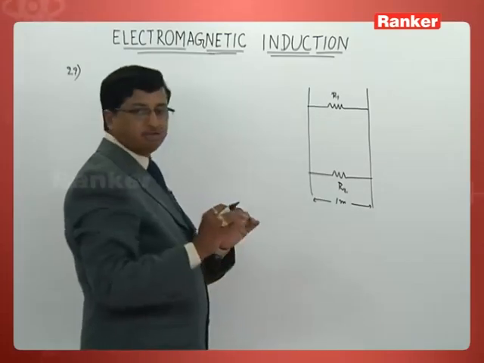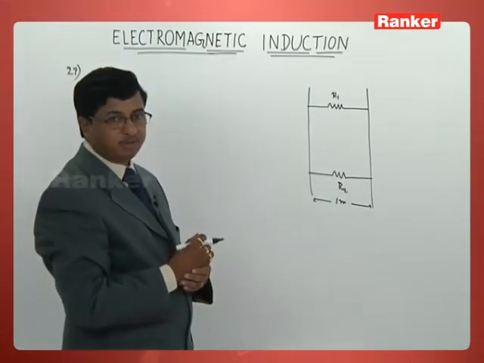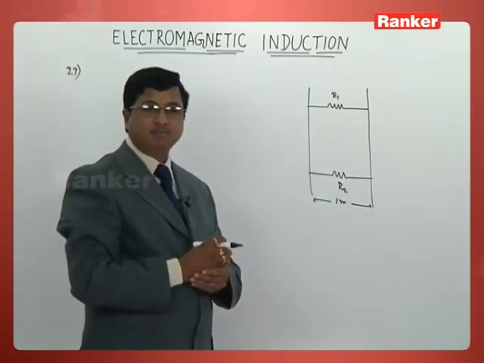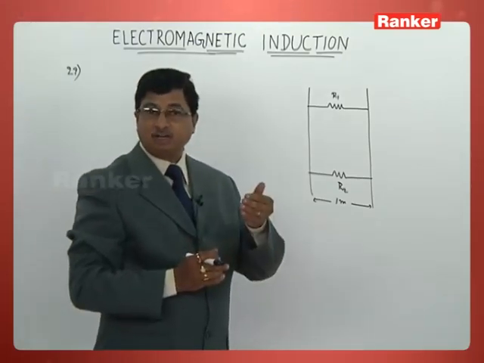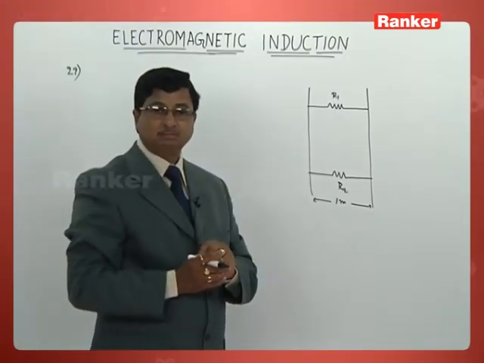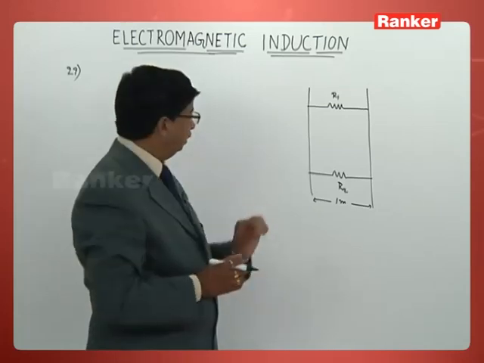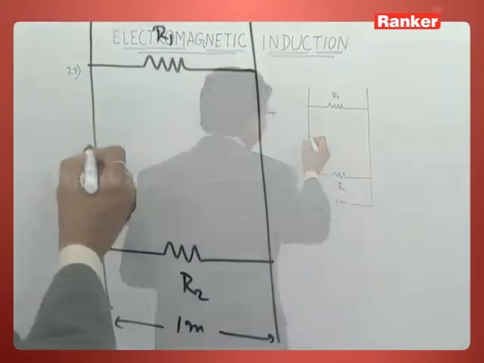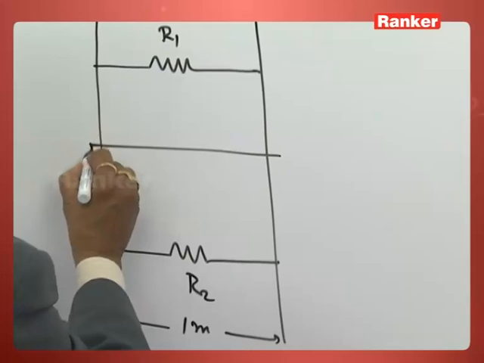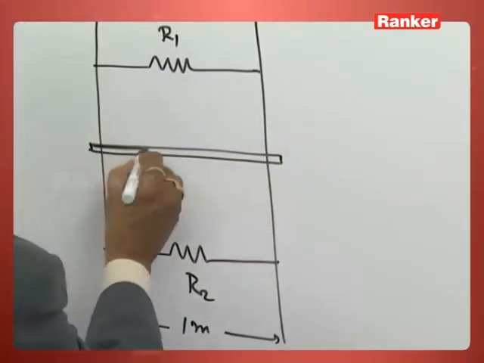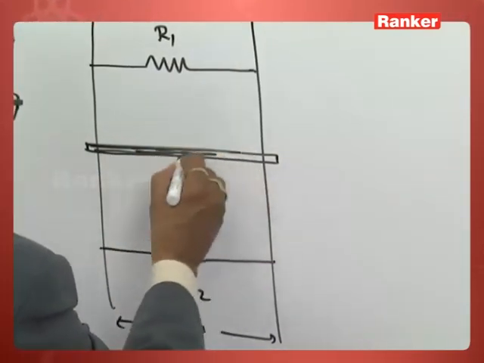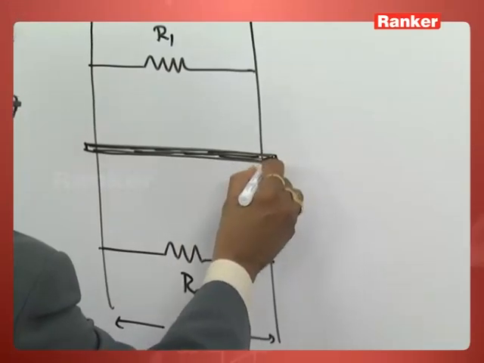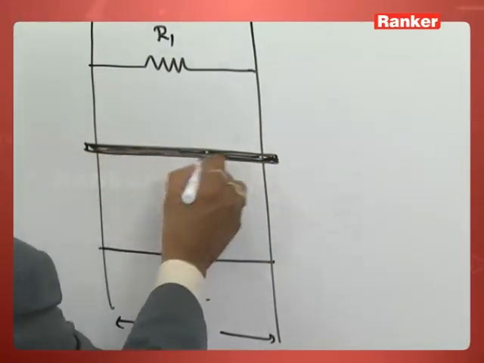Very clearly he is mentioning that value there. And what did he say again? He said a horizontal metal bar L, that is the metal bar. This is the horizontal metal bar. You can all understand straight away. This is the bar which has been mentioned as L here.